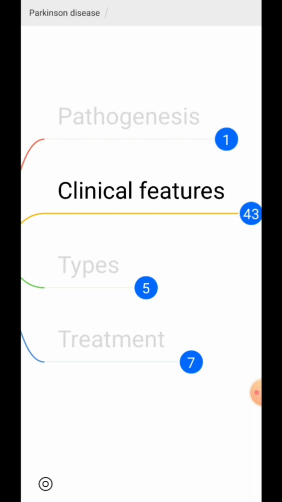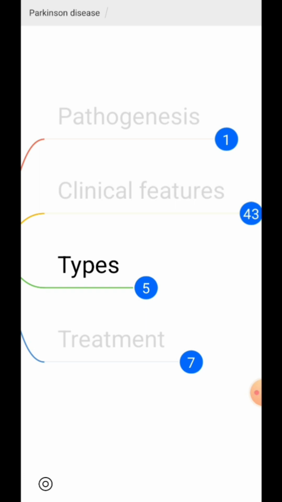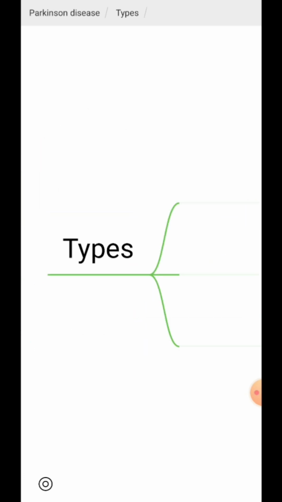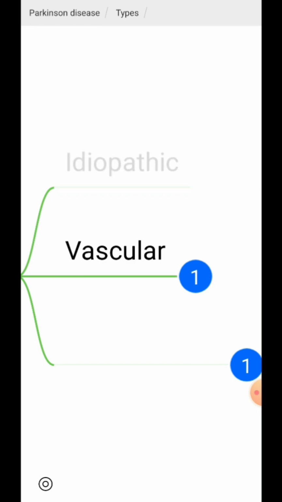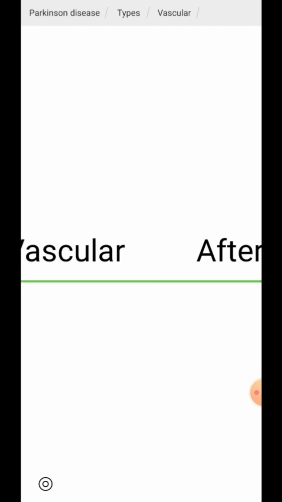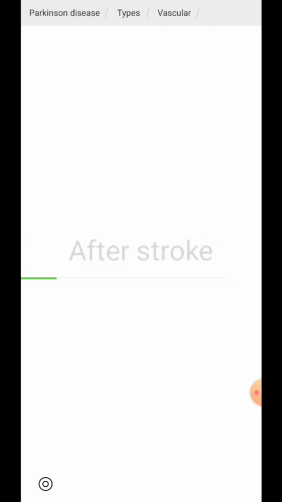Then let's look at the types of Parkinson's disease. Idiopathic is the most common type. So what we refer to as Parkinson's disease is most of the time idiopathic Parkinson's disease. And also vascular Parkinson's disease is another entity where Parkinson's symptoms occur following a stroke.